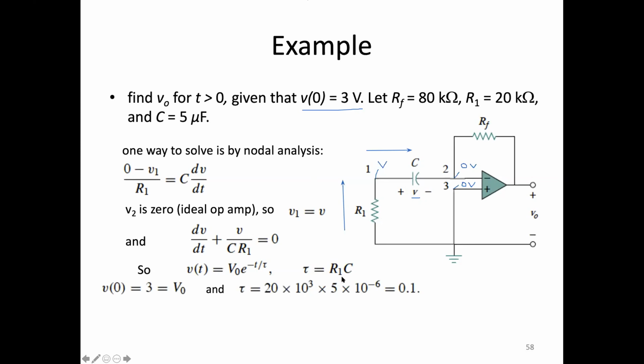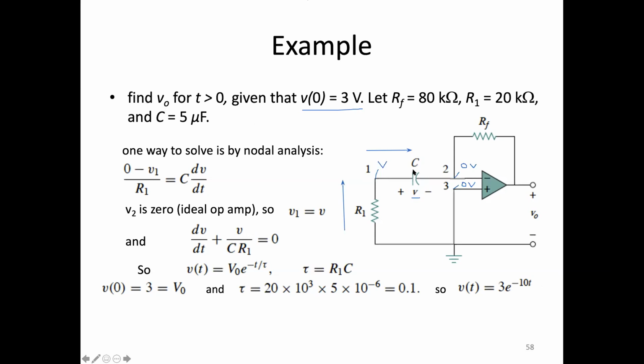And we know the time constant is just the product of R1 and C, which in this case is equal to 0.1 seconds. And so we know that V of t is equal to 3 times e to the minus 10t. So that's the solution for the capacitor voltage V.